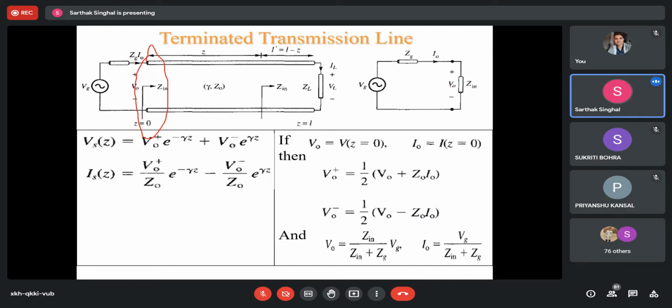And if we solve this equivalent circuit, we can calculate the value of I0 and V0 very easily, which is V0 will be given by Zin upon Zin plus Zg into Vg, right? This will be the voltage division. And similarly, you can calculate the current also, which will be total applied voltage, which will be the generator voltage divided by the total impedance, which is the summation of generator impedance and the input impedance of the transmission line. Is it clear?